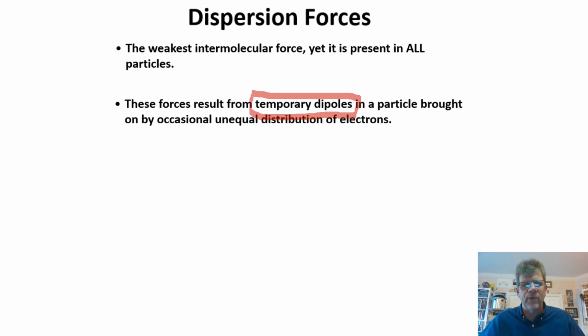It means sometimes that particle has a dipole moment, sometimes it does not. The reason is this unequal distribution of electrons within the particle. So really, any particle which possesses electrons, which is all particles, will bear dispersion forces. This is why dispersion forces exist in all particles.